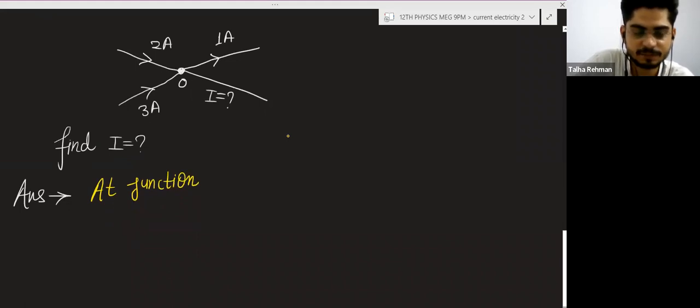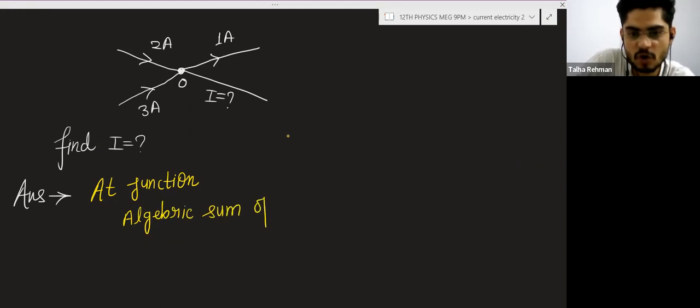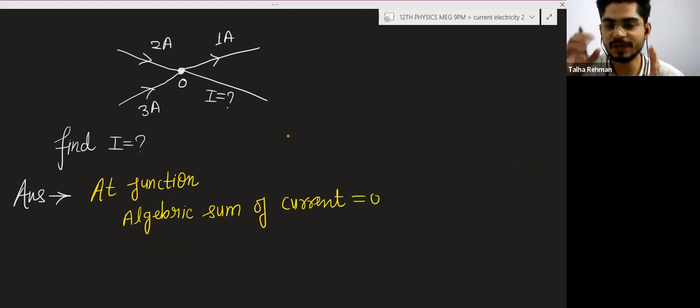At the junction, the algebraic sum of current is equal to 0. Algebraic sum means you will take the current with sign here.